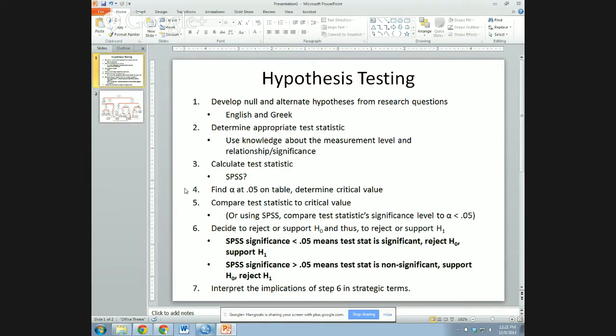We talk about comparing critical values and test statistics to each other to determine whether or not we support or reject it. And SPSS makes that really easy because it gives us the significance level. And then we interpret the outcome of our hypothesis testing and translate that into managerial terms.